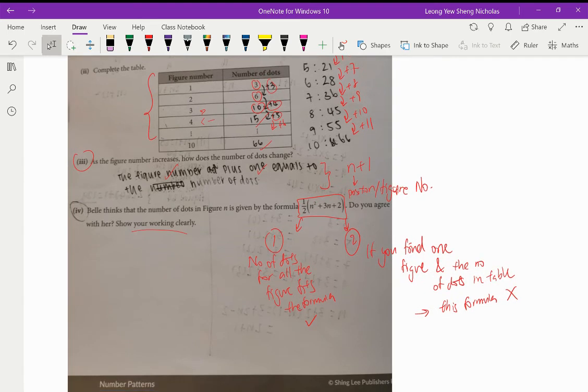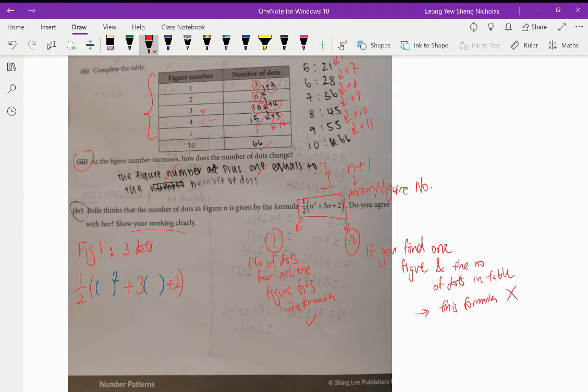Okay, so let's check for the first one. Let's say I'm looking at figure 1. Figure 1 has 3 dots. If I use this formula, I replace all the n that I see with brackets, because it reminds me that I need to replace n with 1.